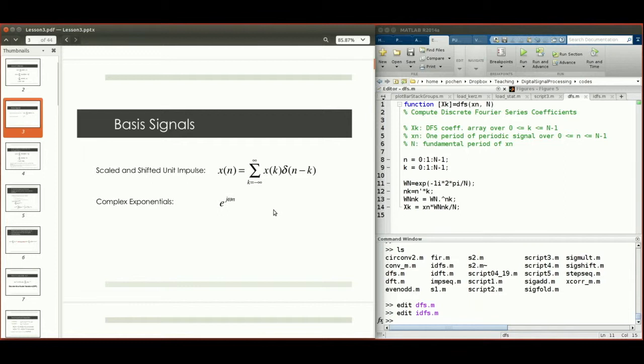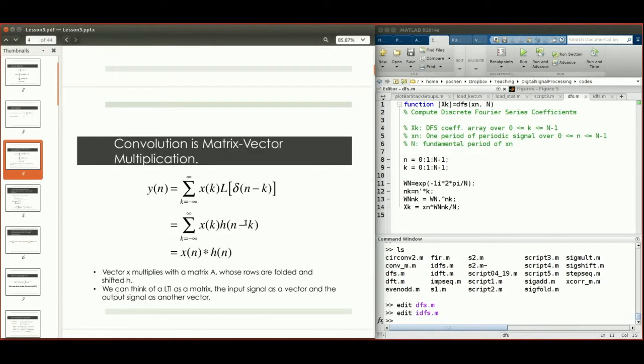And in lesson 3, so far what we have talked about is how to use complex exponentials as what we call basis signals, and how we can represent an arbitrary signal as superpositions of these basis signals.